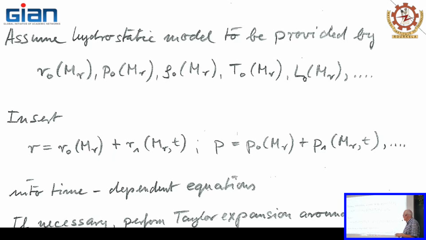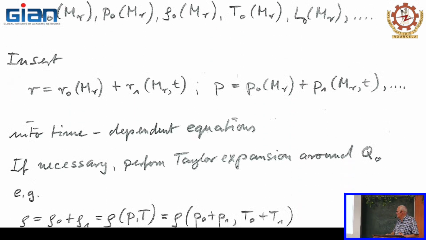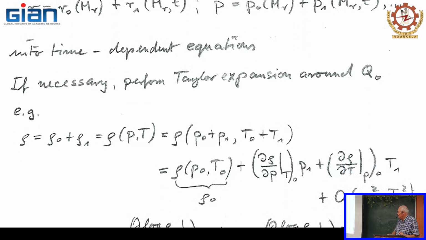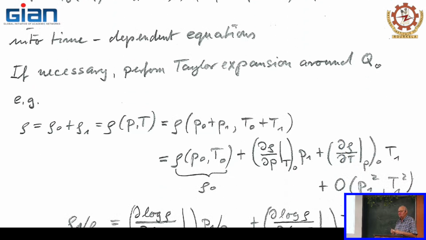We have seen these before. If necessary, we have to perform a Taylor expansion around the hydrostatic or the stationary values. Let's here do it as an example for the density. That might be more instructive than the linearization I have shown you in detail before.